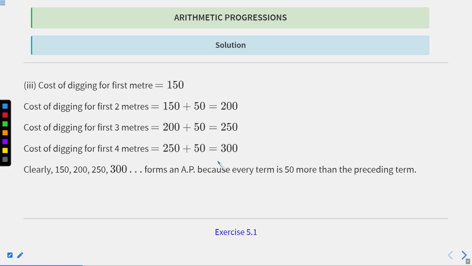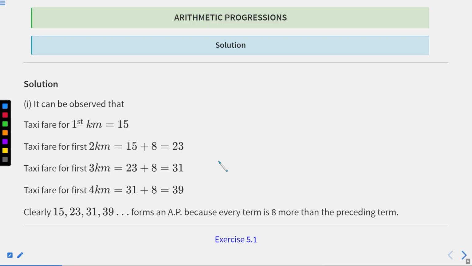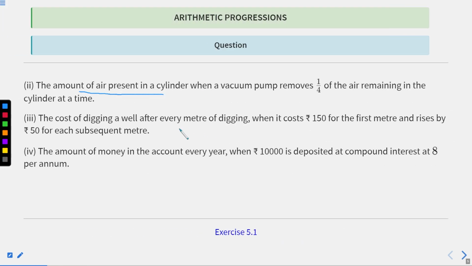So this list of numbers forms an AP. Now we'll move to the fourth one.